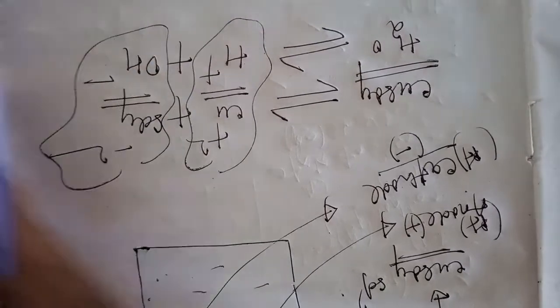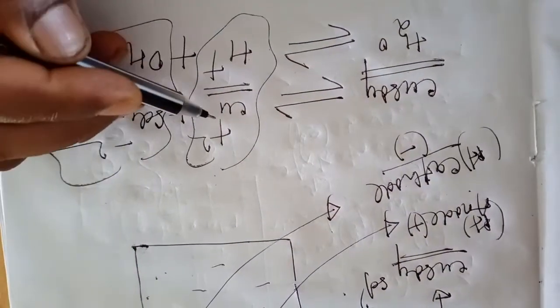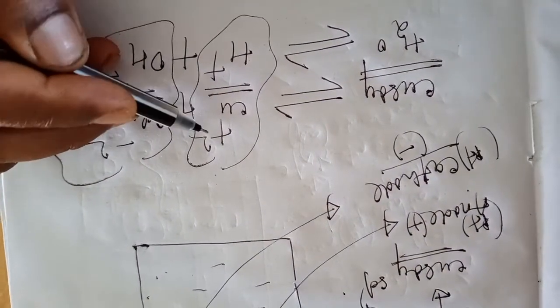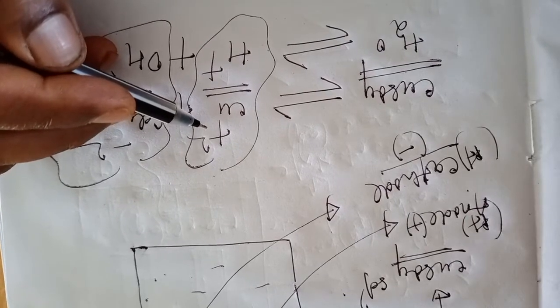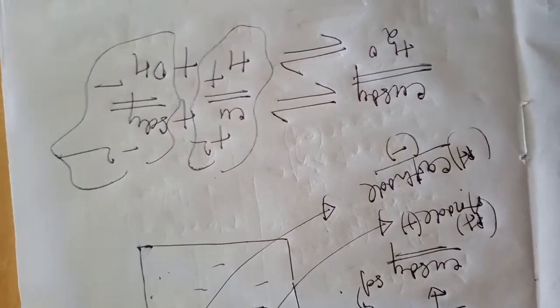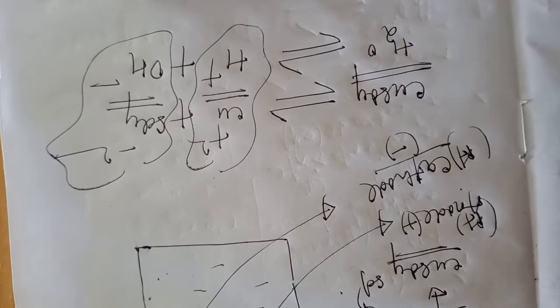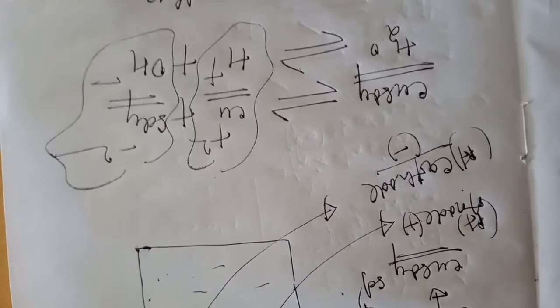Between these two cations, Cu plus 2 has lower discharge potential and moves to the cathode.